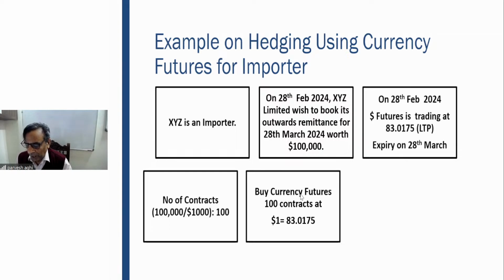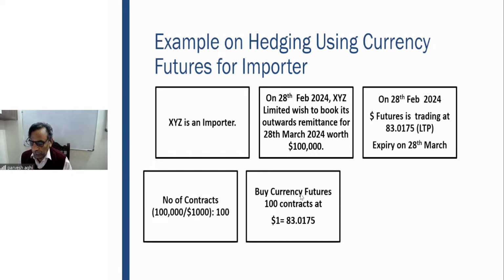So for example, suppose you enter the stock exchange, you enter 83.0175, assuming that your order has been accepted by the stock exchange, because there is another person who is selling the futures, so he has accepted that. This contract will get immediately locked in, and you have bought currency futures, 100 contracts, at 83.0175.